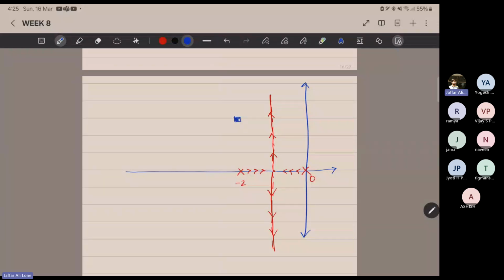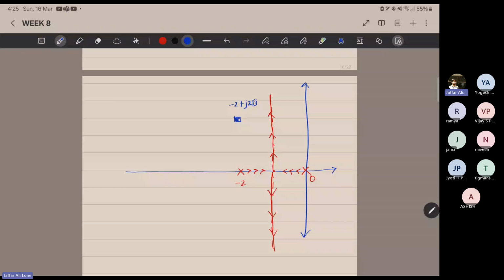And the same for the complex conjugate pair, because it is minus 2 plus j2 root 3. So is it lying on the root locus? No, it's not lying on the root locus.